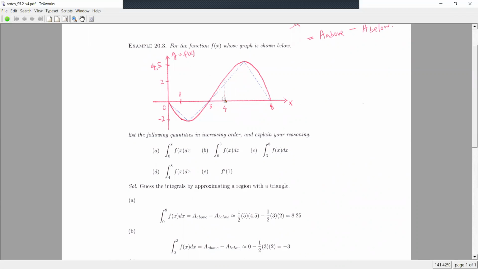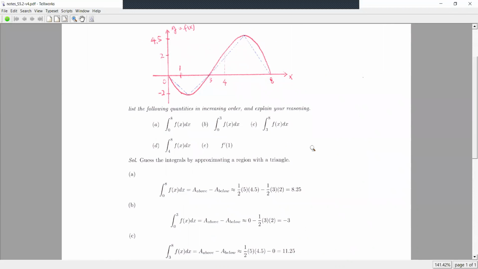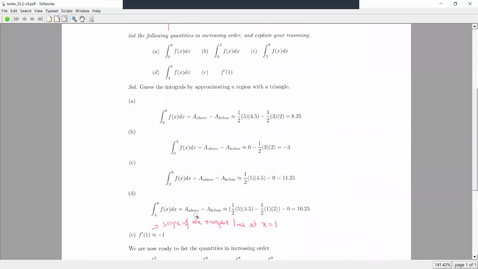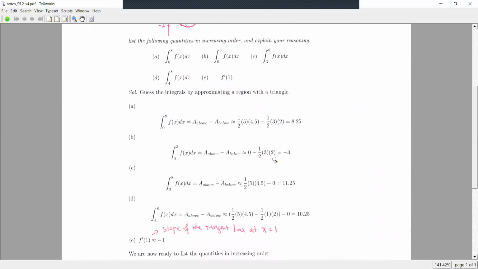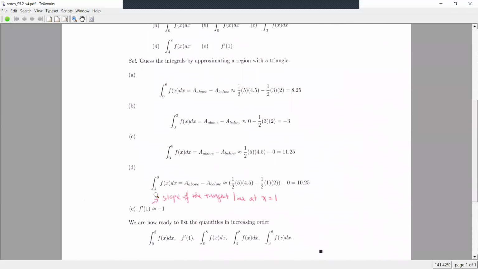This smaller triangle's base is 1, height is 2. So therefore, the area above is the area of the bigger triangle minus the smaller triangle. The bigger triangle is this triangle. The smaller triangle is this triangle. So therefore, the integral from 4 to 8 roughly is 10.28.